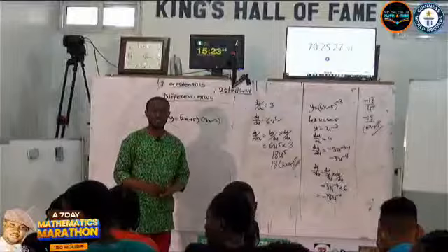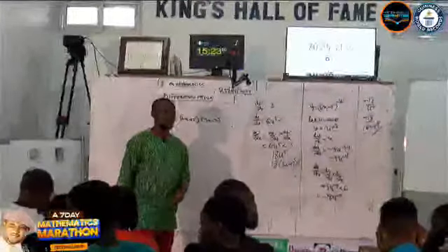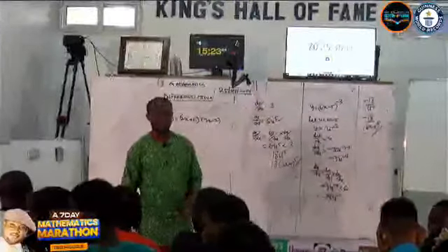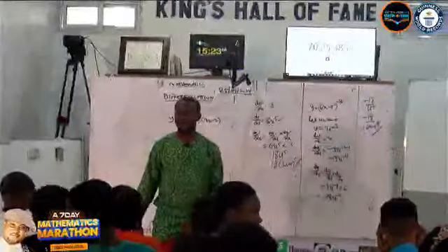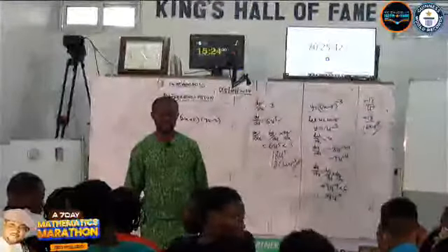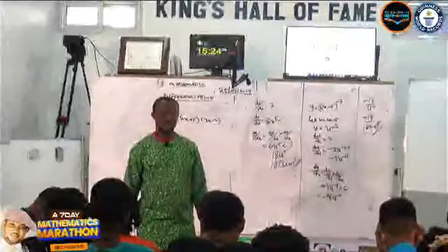So when you have a case like that, what you now do is that you apply a formula called product rule, because this is a product. Are you getting me?